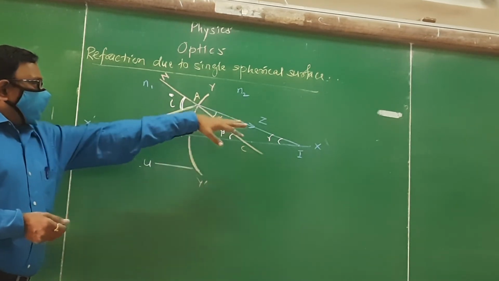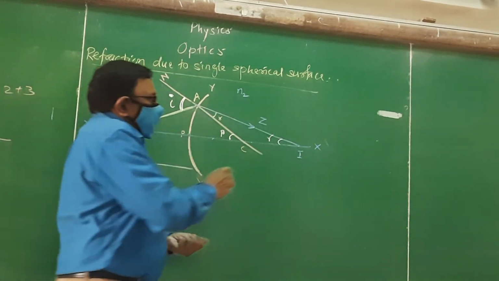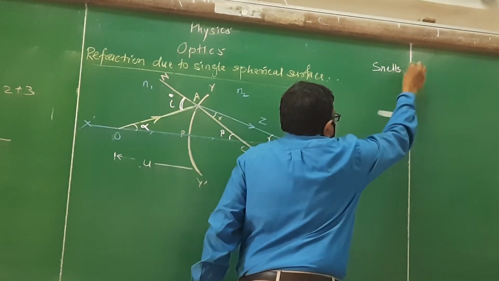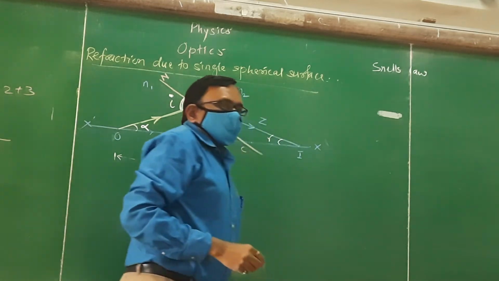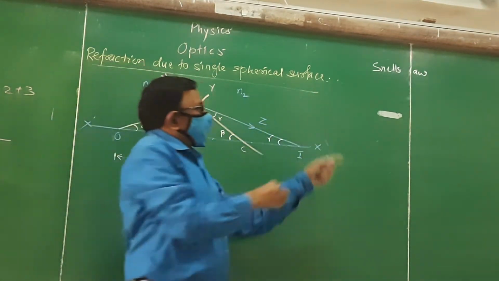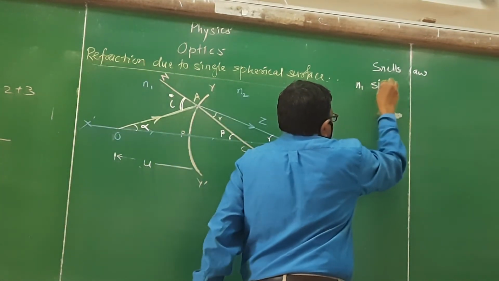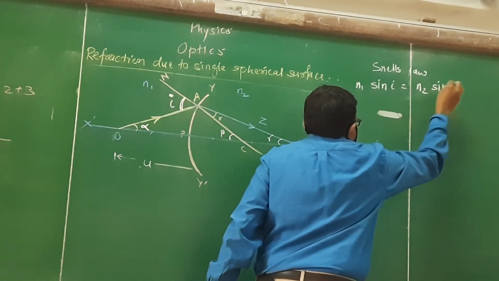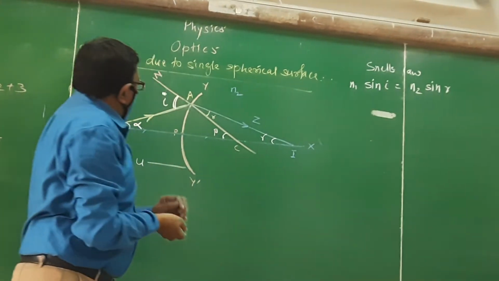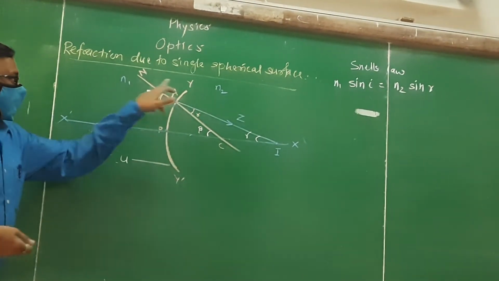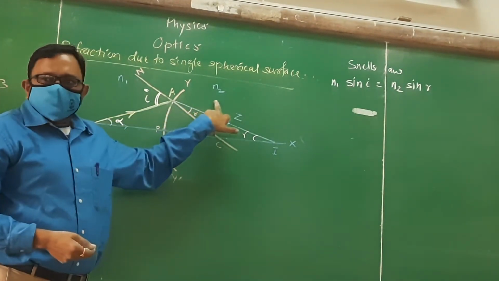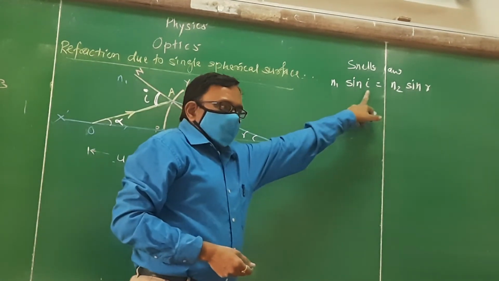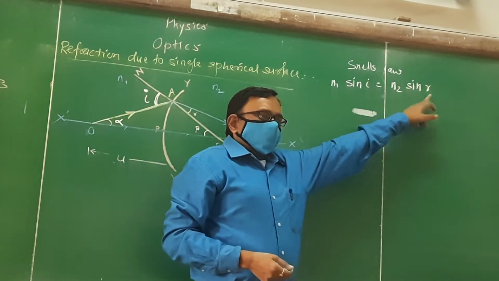Now we discuss this section. That we discussed in the previous topic, by Snell's law. In Snell's law we discussed that n1 sin I is equal to n2 sin R, where n1 is the refractive index of the first medium and n2 is the refractive index of the second medium, I is the angle of incidence and R is the angle of refraction.